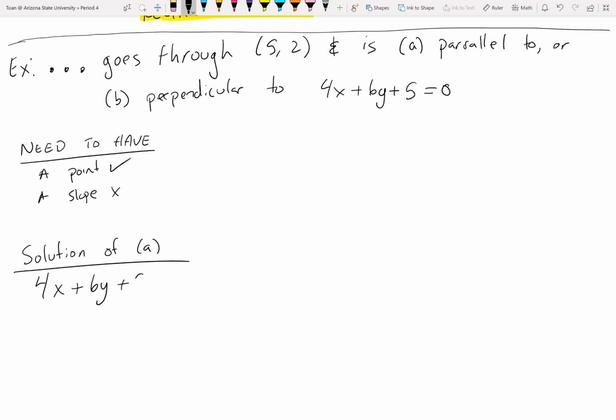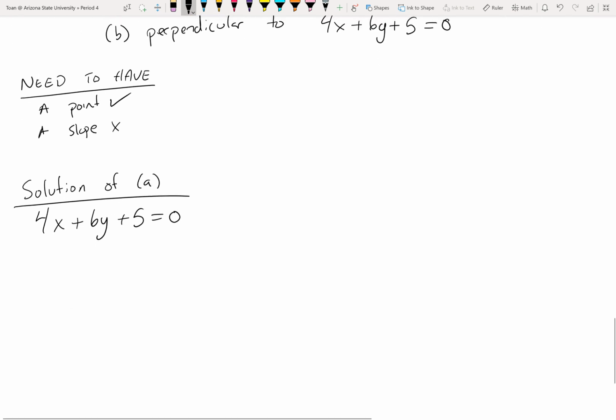So part A asks for a parallel line. The word parallel in our brain should trigger same slope. So I need this guy's slope. Now, he's given to us in general form. Look how nice and pretty and neat that is. No fractions, no ugly numbers. But it's utterly useless to me because I don't know what this guy's slope is. So the first thing I need to do is set it to slope-intercept form, solving for y.